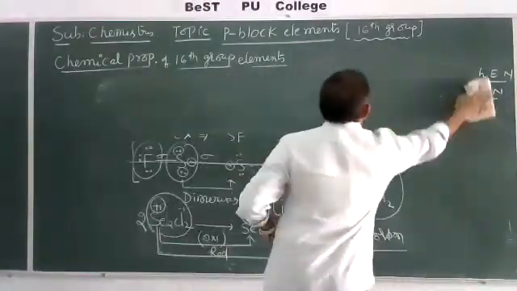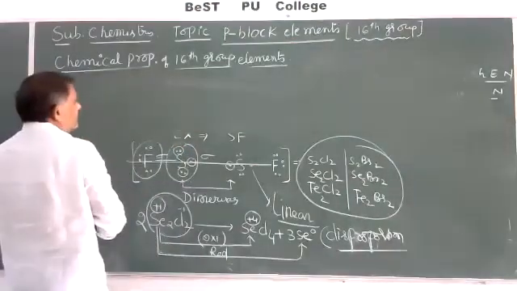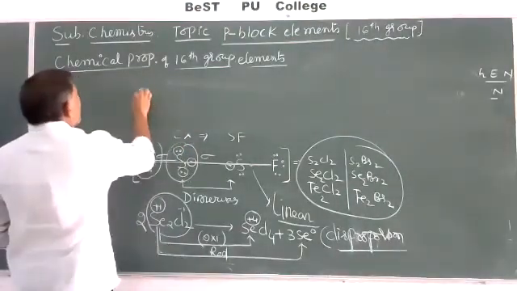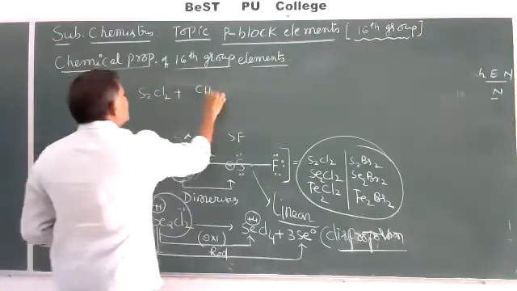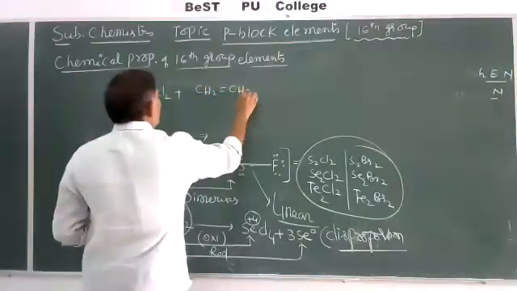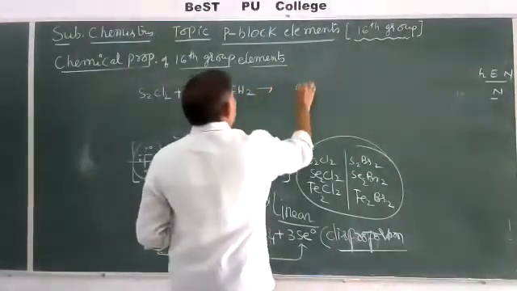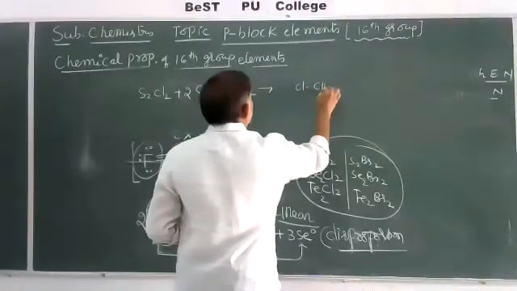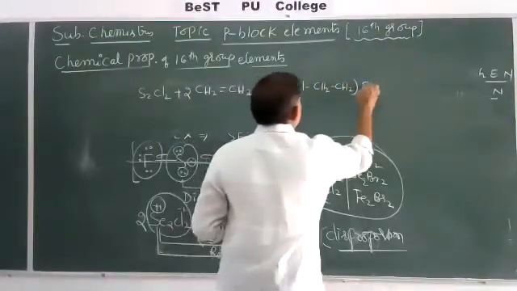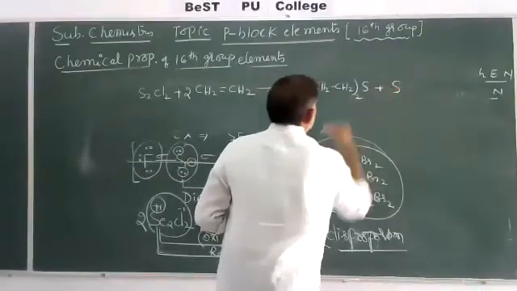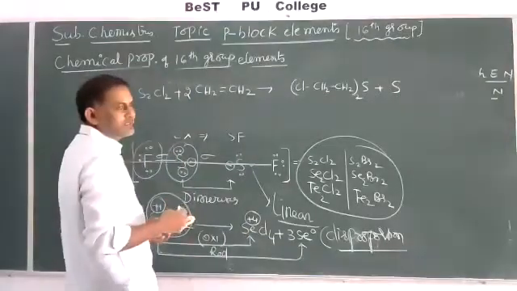Mustard gas formula: here S2Cl2 is reacted with CH2=CH2, 2 moles. It gives Cl-CH2-CH2 taken twice, S, plus S. It is mustard gas.